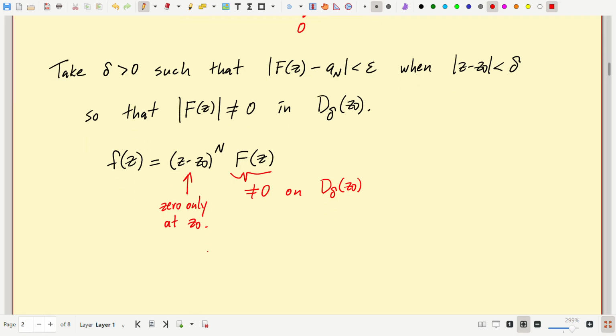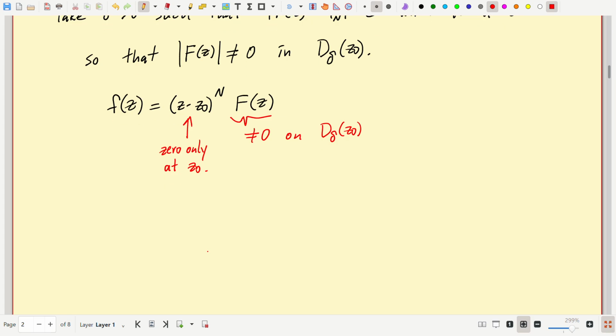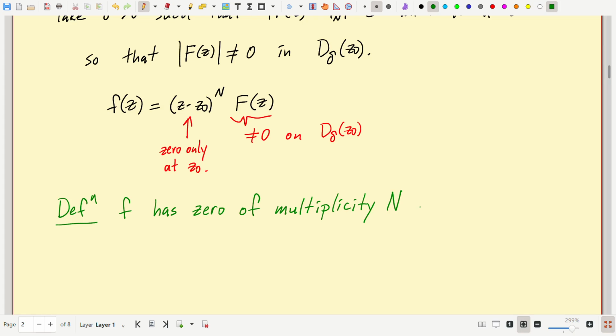And we'll say that f has a 0 of order n, just like a polynomial or multiplicity. So here's the definition. We say f has a 0 of multiplicity capital N, some people say multiplicity, or order capital N sometimes.